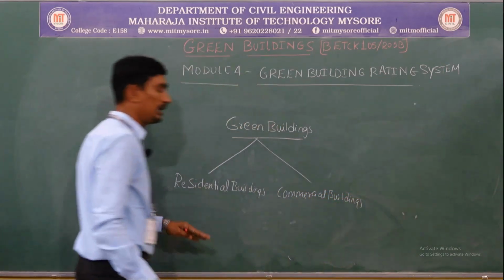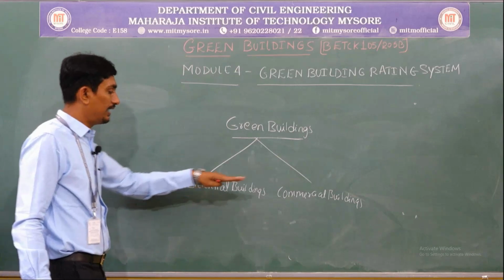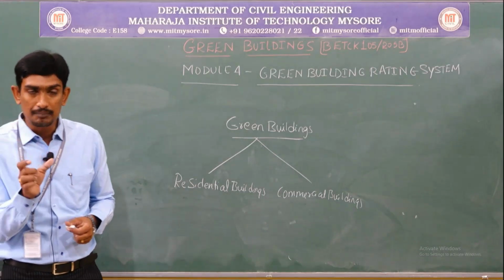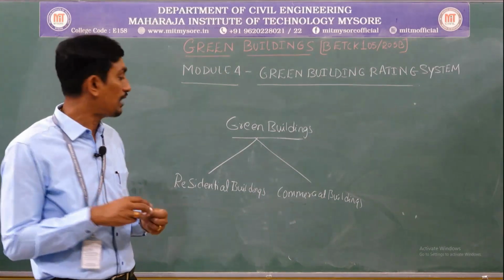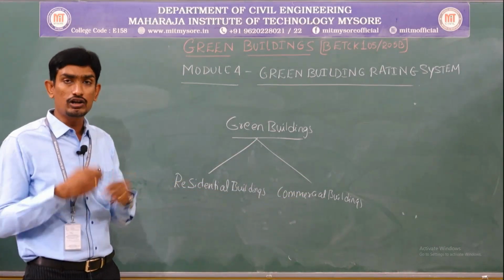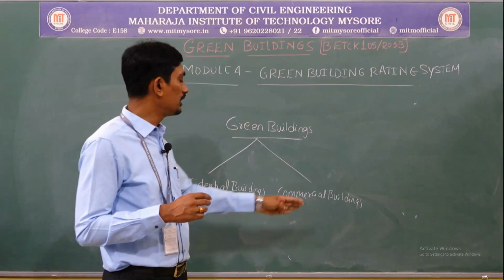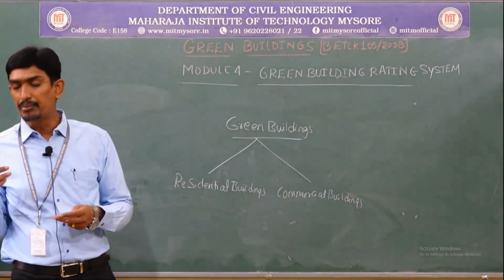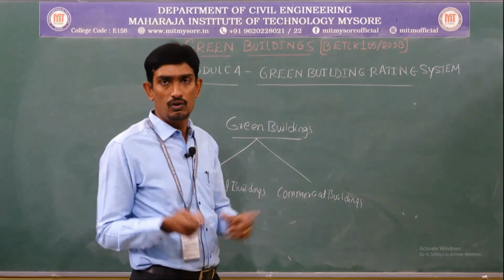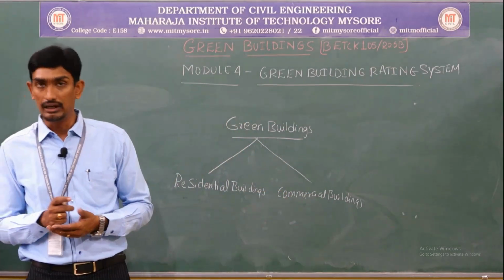The rating system level for residential buildings and for commercial buildings will be entirely different, because the principles will differ. For example, in the waste management principle, a commercial building will be different from a residential building, because the occupants are different. In commercial buildings, the number of people who come will be more, and in residential buildings, the occupants are very few. Based on that, the certification level or rating system will also vary.